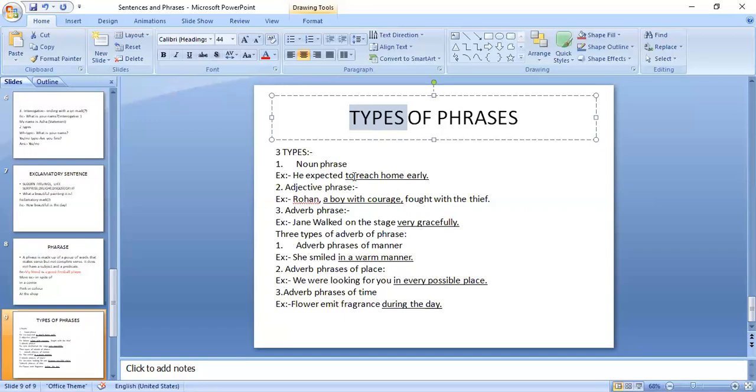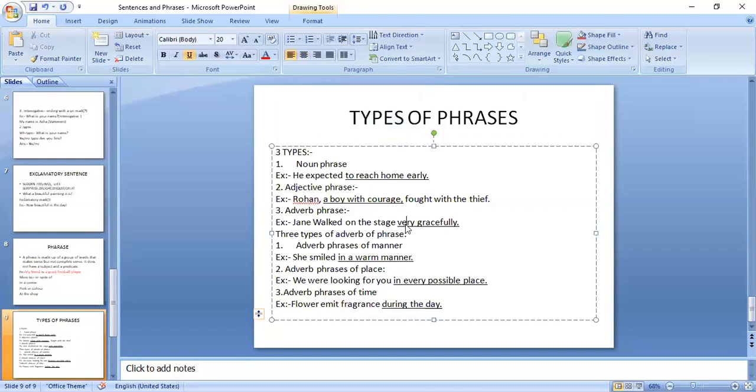Here, the adverb phrase is modifying the verb walked. How did Jan walk? Jan walked very gracefully. What is an adverb? An adverb tells more about a verb.